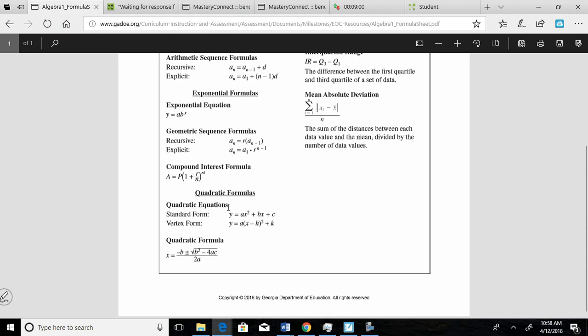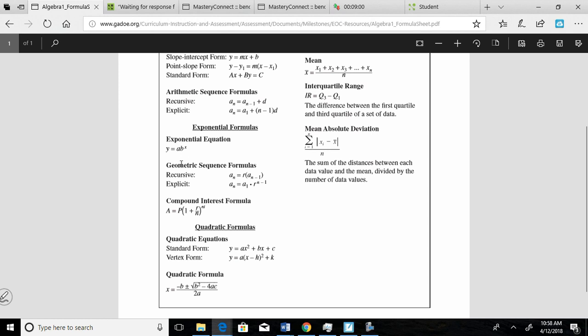And then right here, where's geometric? What does geometric mean? Multiplying. So your r stands for what you're multiplying by. So recursive just means a rule. It's like take the term before and multiply this. This one's saying, okay, if I'm trying to get the 15th term, but what does a to the 1 mean? Does anyone remember? Not your y-intercept, though. Your what term?